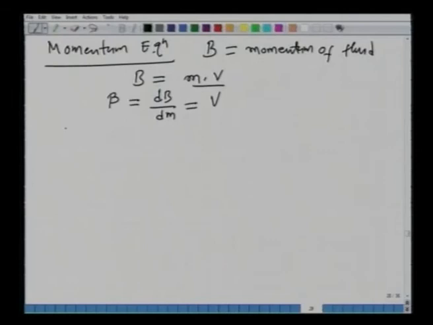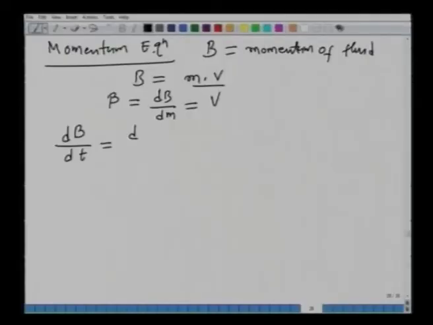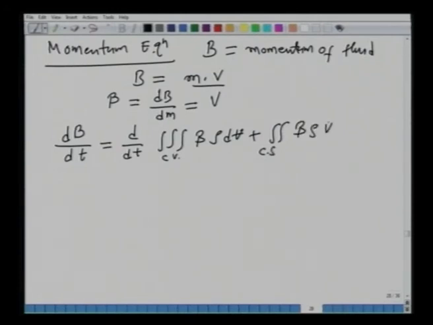Now what we do is we write our Reynolds transport theorem. You have to remember this equation by heart. It's like Manning's equation. You can never forget. All right. So the Reynolds transport theorem you should understand in such a way that it just comes out. So dB by dt is your d over dt triple integral beta rho dv plus double integral over the control surface beta rho v dot dA.